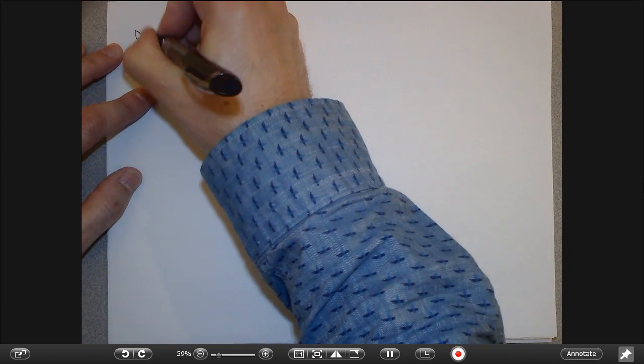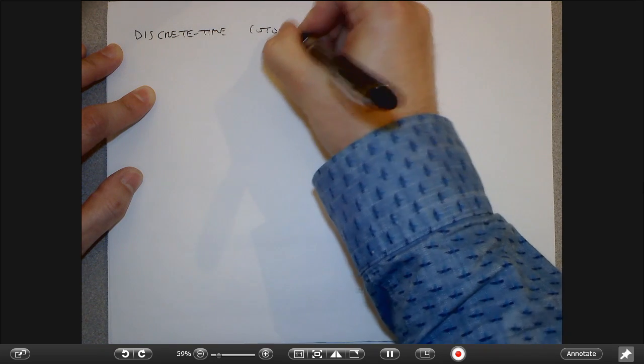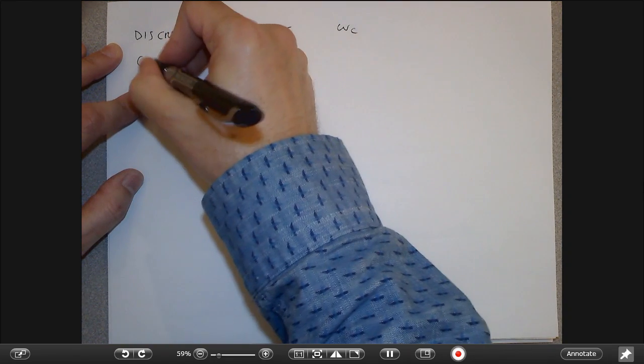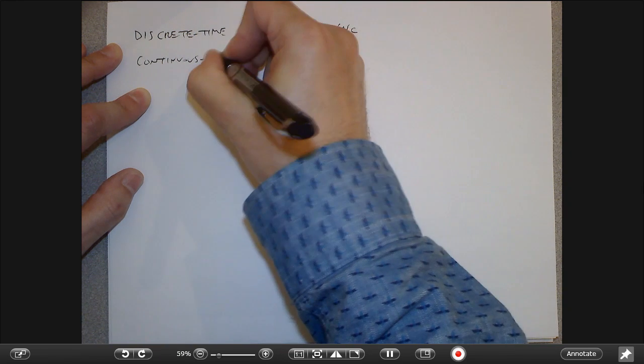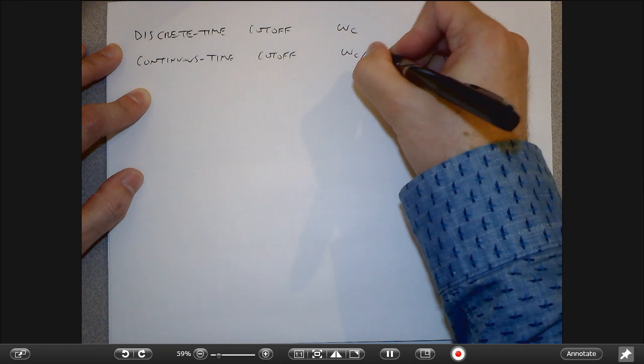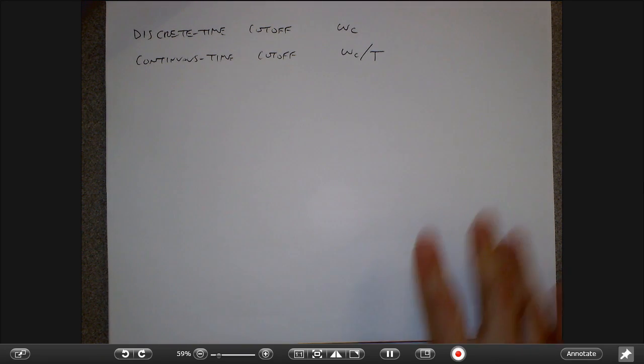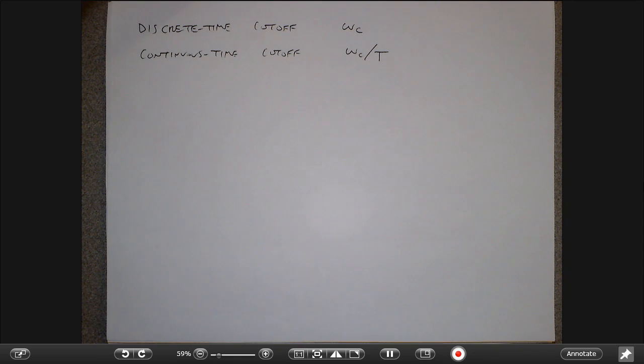So the idea is that if I had a discrete time cutoff of omega c, then I have a continuous time cutoff of omega c over T. And what this suggests, which is actually interesting, is that I can accomplish many different continuous time filters simply by designing one really good digital filter with a certain cutoff and then running it through sampling systems with different sampling rates, right?